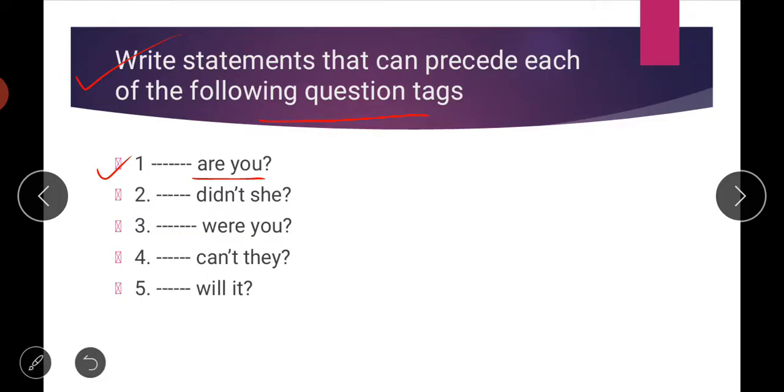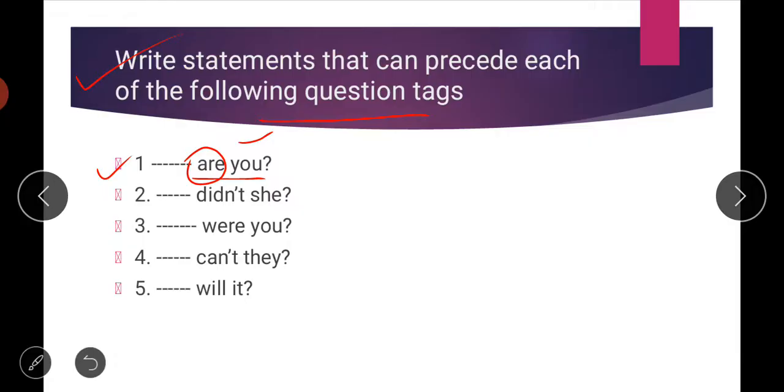Keep in your mind that we have to form a negative statement, and then that negative statement must also contain your helping verb are, because if are is given here, it means that are must be there in the statement. So again, if you look, the word you is given, it means that the starting word also would be you. Your statement must start with the word you, the helping verb must be are, and that statement must be a negative statement. So now try to form a sentence, try to form that statement.